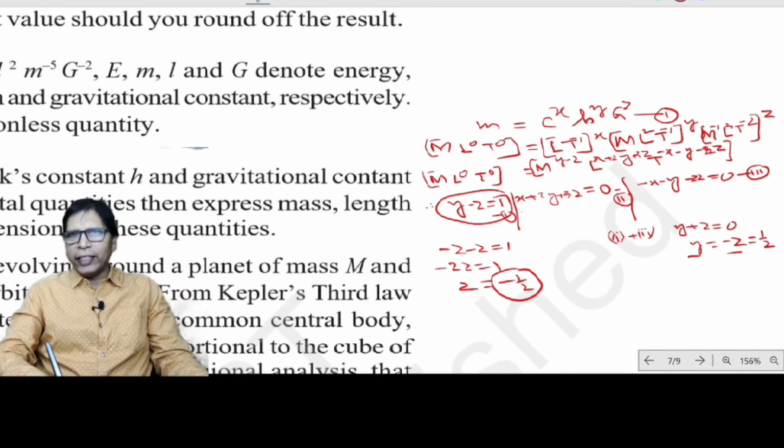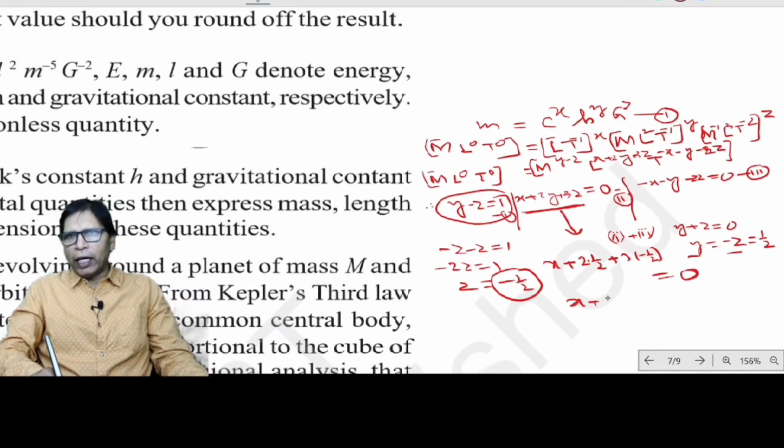Now we have to calculate x from this equation. Here x plus 2y, that is 2 into half, plus 3z, so 3 into minus half, equals 0. Therefore x plus 1 minus 3 by 2 equals 0.